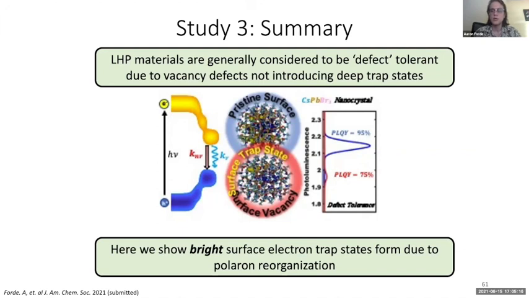And stretched photoluminescence decay is indicative of having a distribution of recombination sites. So if these trap states are bright, you could have a mixture of pristine emission along with trap state emission, which would give some rationalization to those experiments.